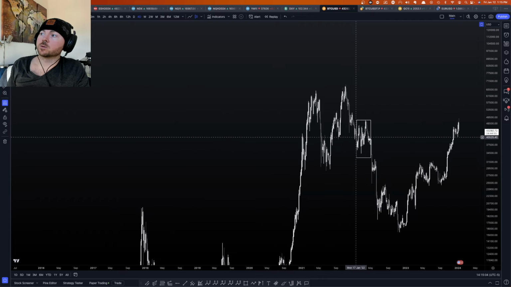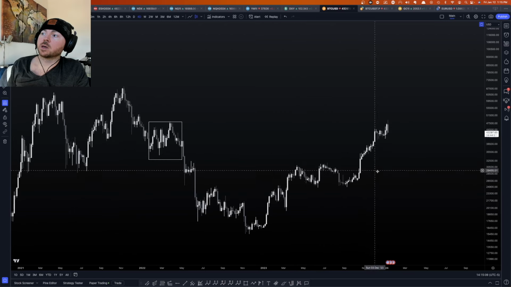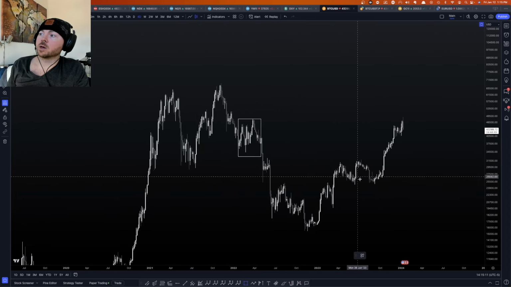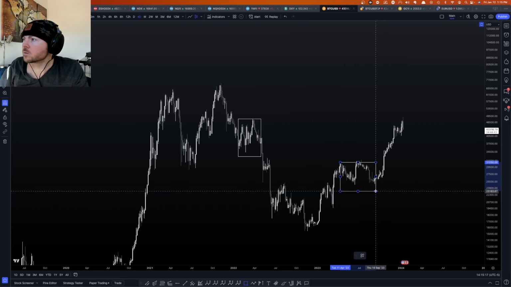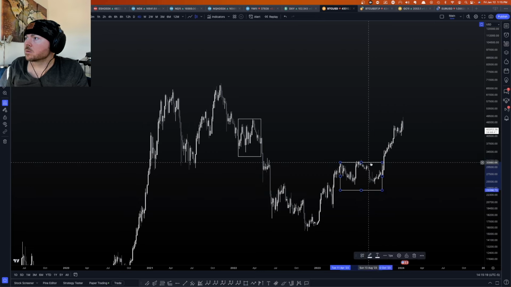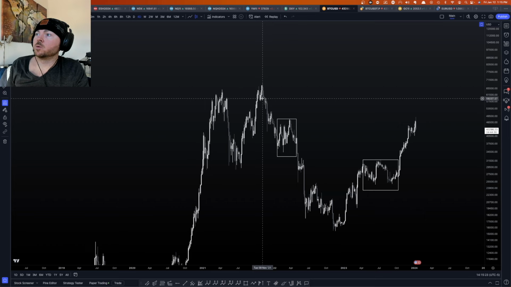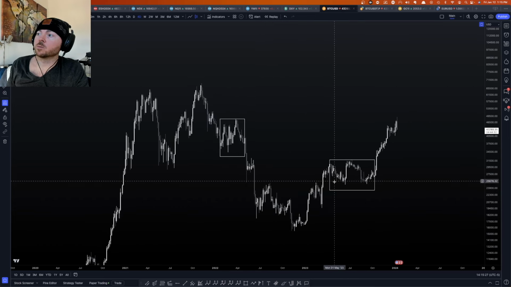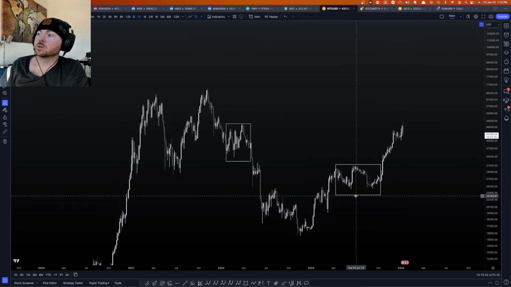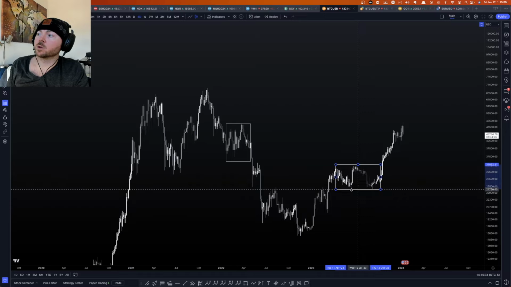It's a little more obvious when you make it skinnier: this is the big consolidation range before the final move down. Here, I would view it as this whole range here, like that. You had an initial move down, consolidated, and then continued. And here you had an initial move up, consolidated, reaccumulated, and then went up here. So those are going to be pretty important.